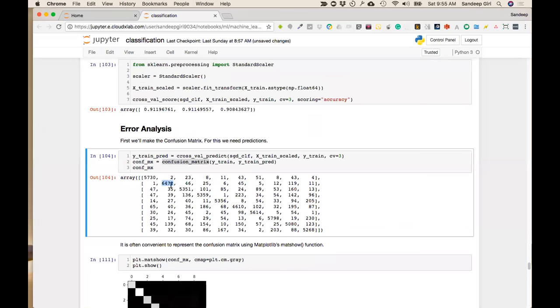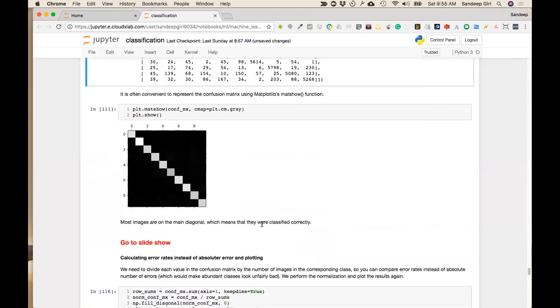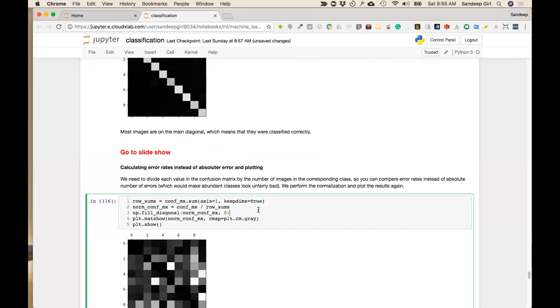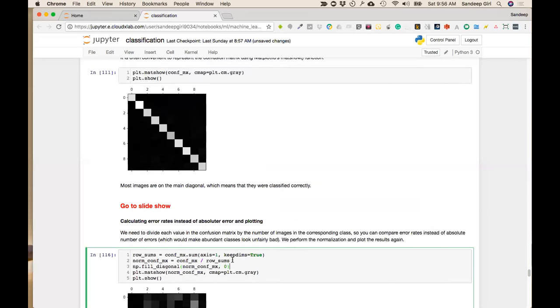If you see, this is so much bigger than all of these, right? So it's important to normalize the values for every row. If we just normalize the values and fill the diagonal with zeros, and also compute the confusion matrix like this.